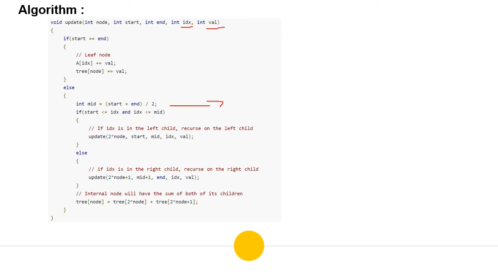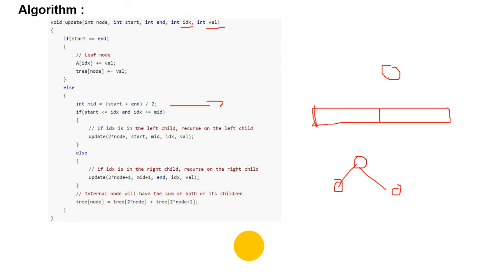Then in this way we separate the index into two parts, which is actually done in our segment trees. Then we check whether the index is present in the left node. If it's present, we do this in a recursive way.